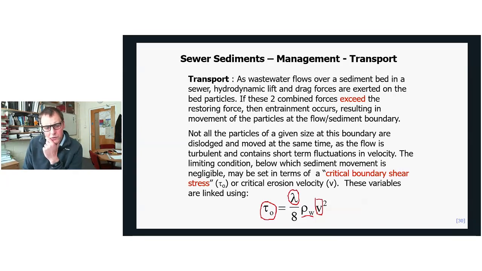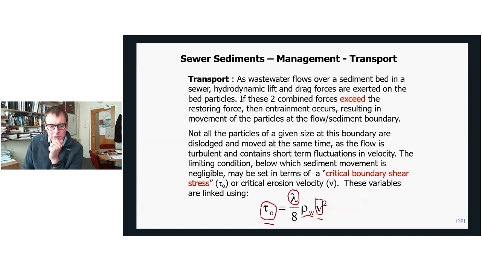So what governs whether or not a sediment particle moves isn't the velocity, it's shear stress. Okay, the parameter here, but shear stress is related to velocity, but it's related to velocity squared.